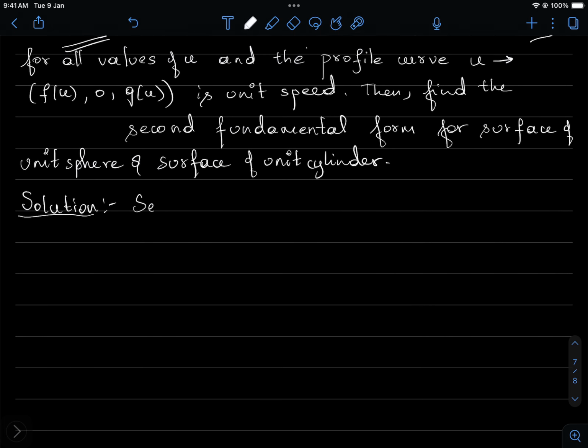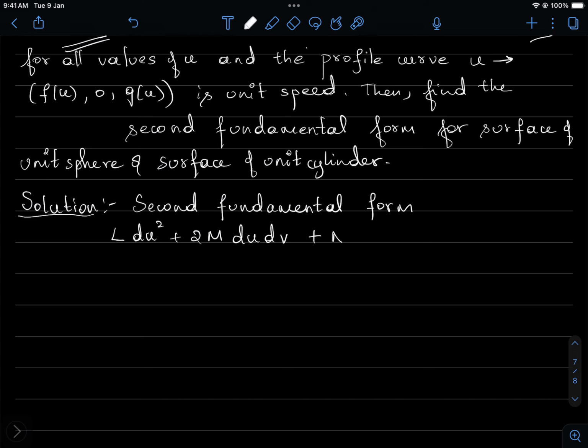So what is the definition for the second fundamental form? The definition is given by L du square plus 2m du dv plus n dv square. Here u and v are the parameters of the surface.